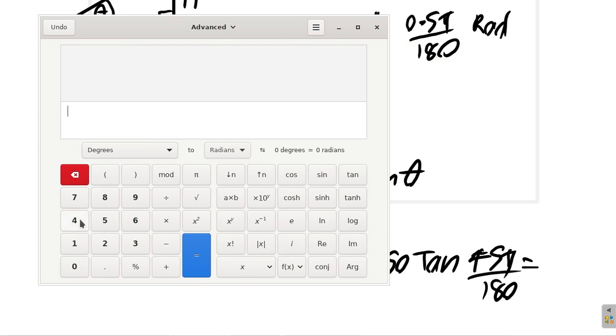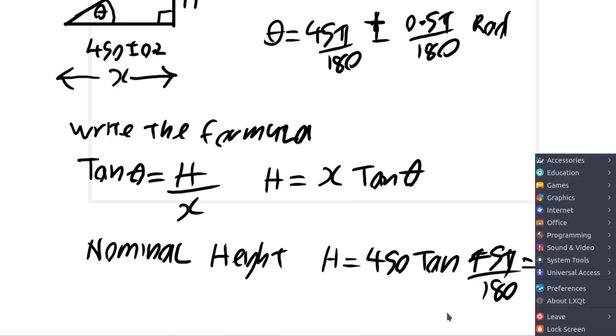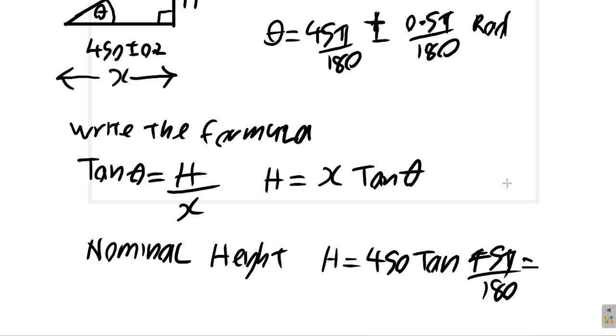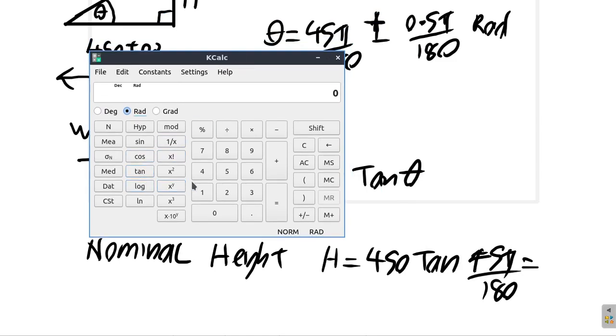Oh, this calculator can't be put in radian mode, so let me get the other calculator that can. Okay, this one is in radian mode. 45 times, where is pi? I'm not seeing pi on this calculator.